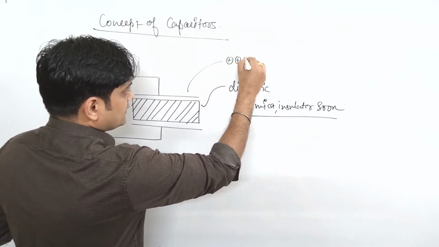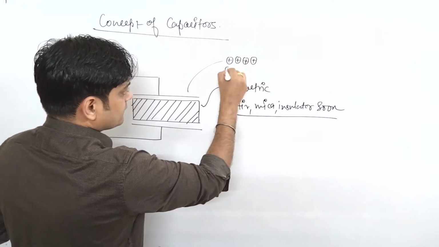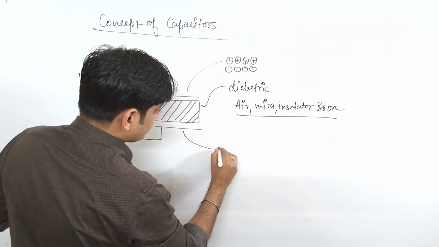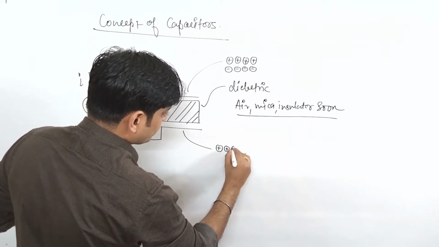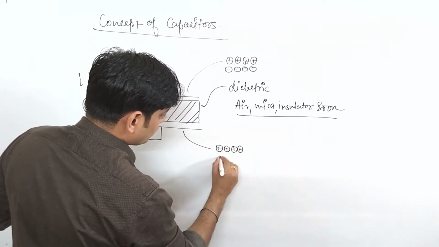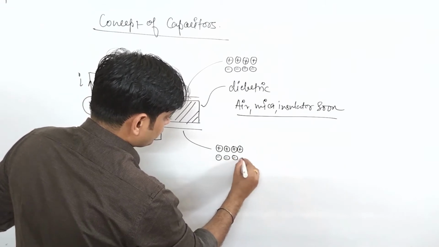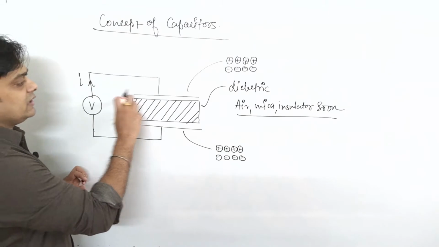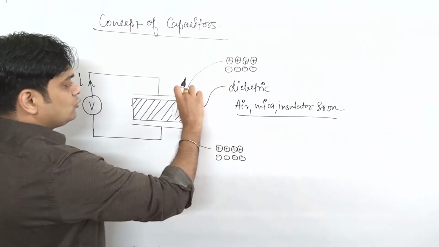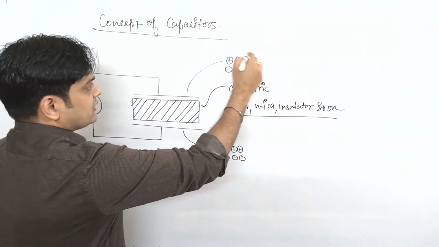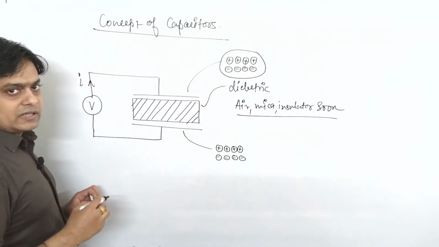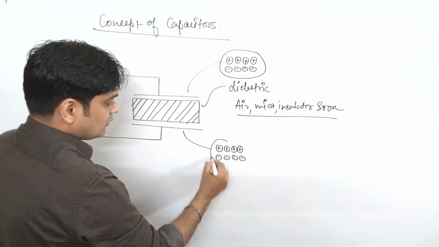If these are the positive charges and these are the negative charges, then these two conducting plates have neutral charges, that is plus minus here and here also.